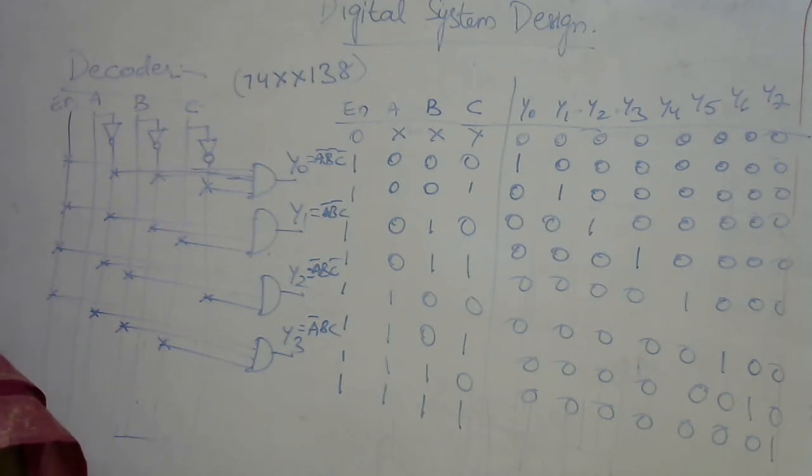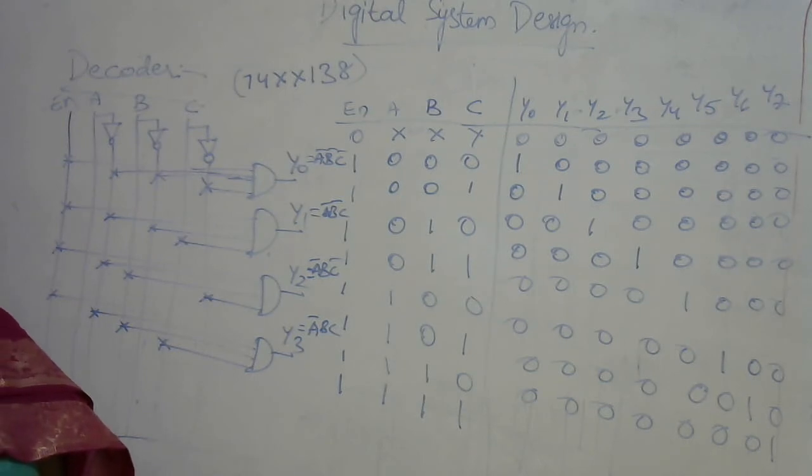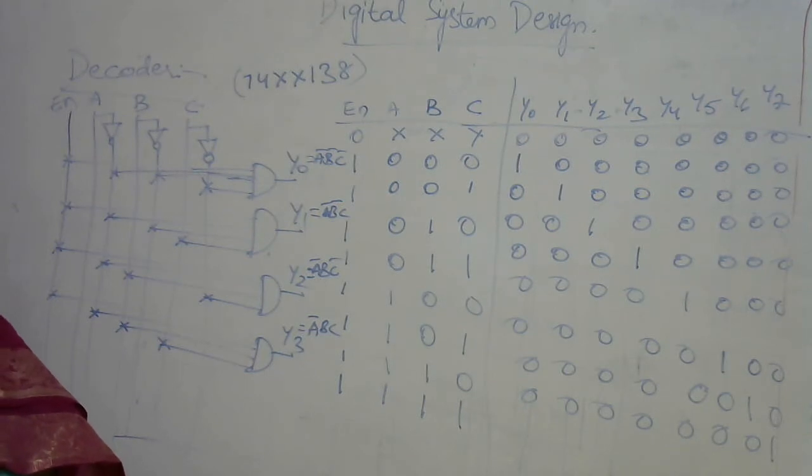Those three inputs are A, B and C. Along with these three inputs, it consists of three enable pins. In the previous case, that is in the case of a 2 by 4 decoder, it consists of a dual 2 by 4 decoder, in which it consists of two enable pins separately. But in the case of a 3 by 8 decoder IC, it consists of three enable pins. One is active high and the remaining two are active low.